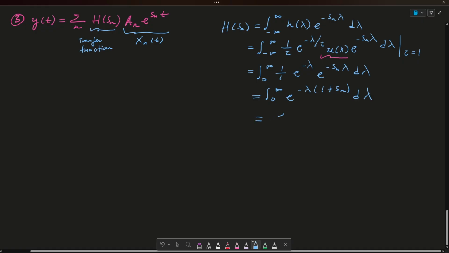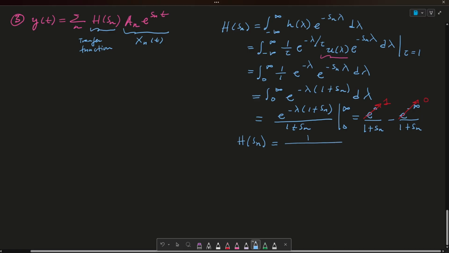The integral of this function is e to the minus lambda (1 plus Sn) over (1 plus Sn), from 0 to infinity. If I plug this in, I get e to the 0 over 1 plus Sn minus e to the minus infinity over 1 plus Sn. As you can see, e to the 0 is 1 and e to the minus infinity is 0. So we're left with our transfer function h of Sn equated to 1 over 1 plus Sn.